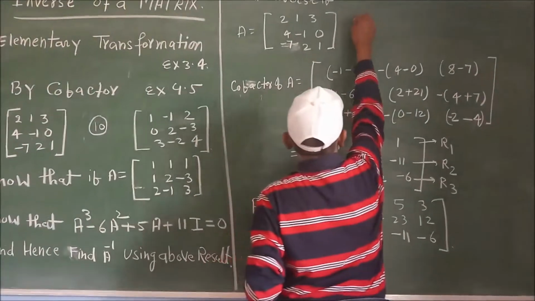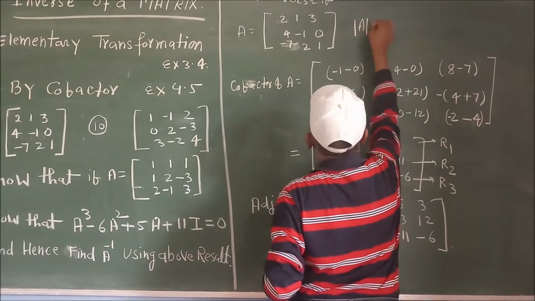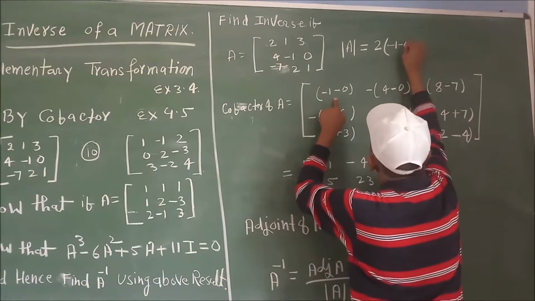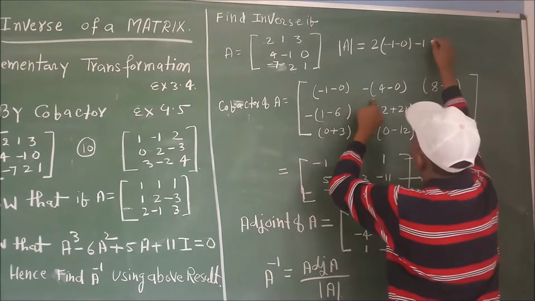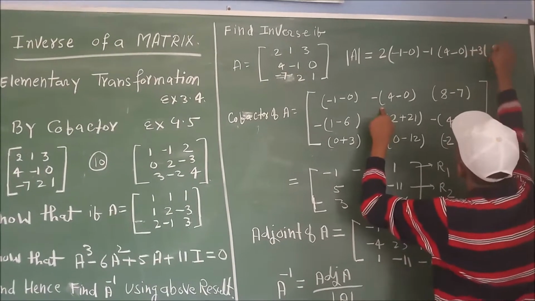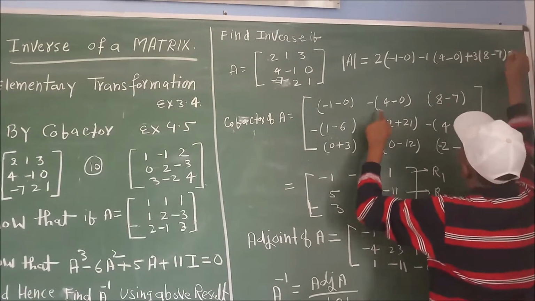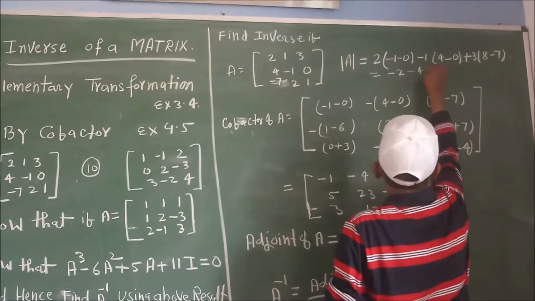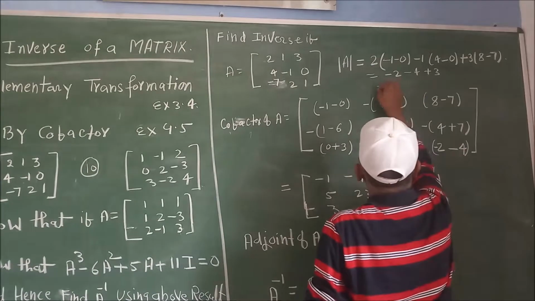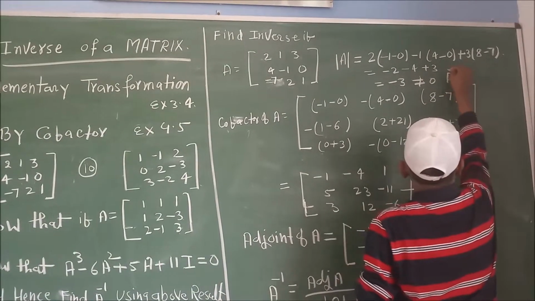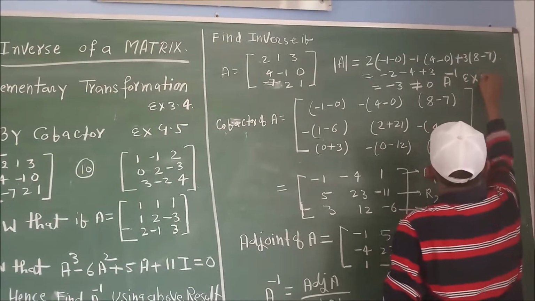So first calculate the determinant of A, which is equal to 2 into minus 1 minus 0, minus 1 into 4 minus 0, plus 3 into 8 minus 7. This can be written as minus 2 minus 4 plus 3, which is equal to minus 3, not equal to 0. That means A inverse exists.